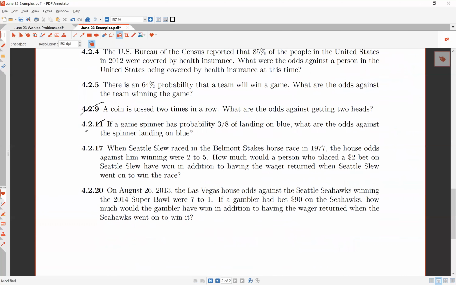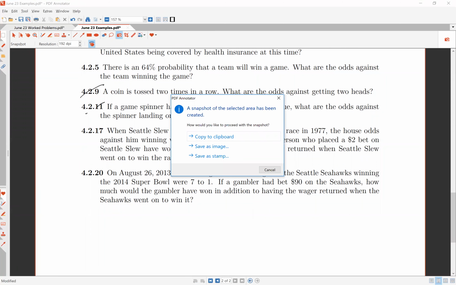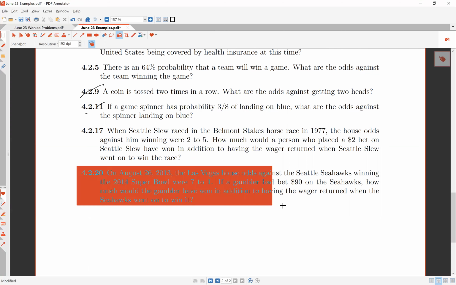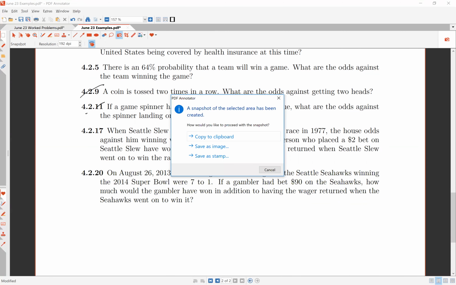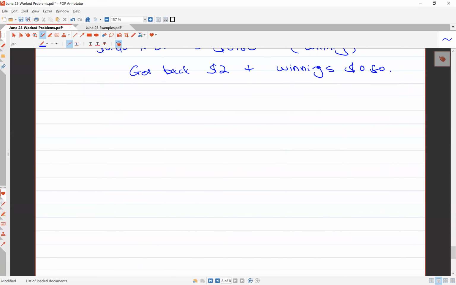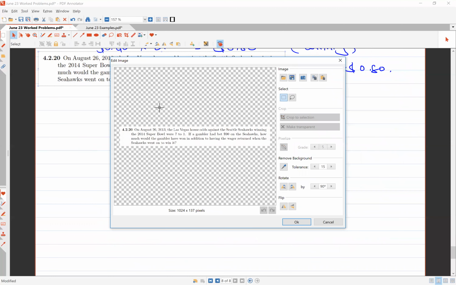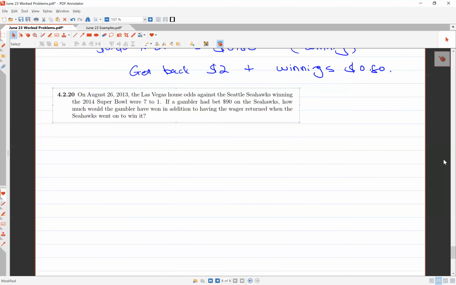And we have one more example here dealing with house odds. In 2013, the Las Vegas house odds against the Seattle Seahawks winning the Super Bowl were 7 to 1.